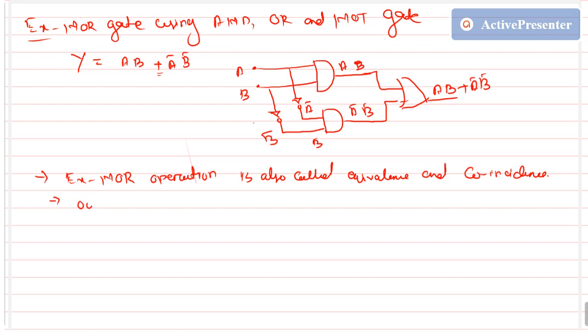The next is output is high when both the inputs are same or equal.